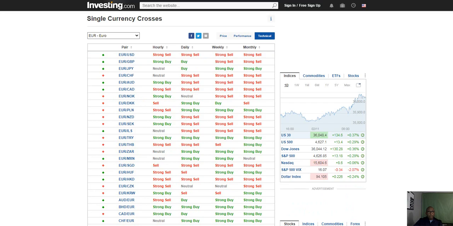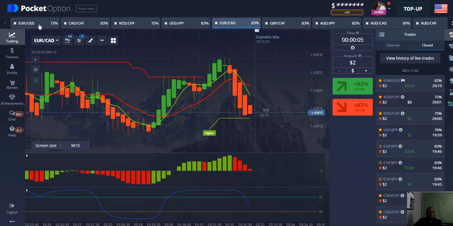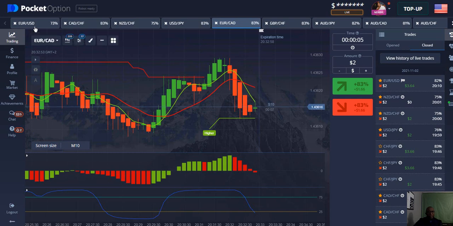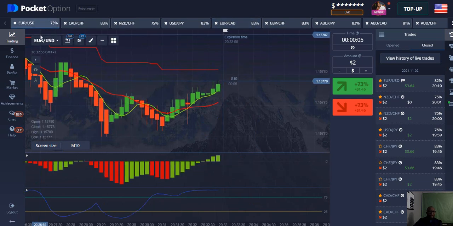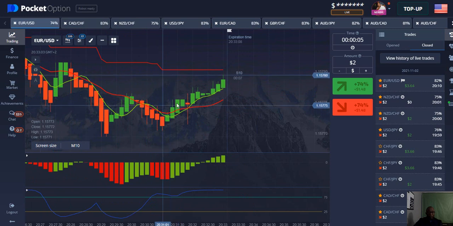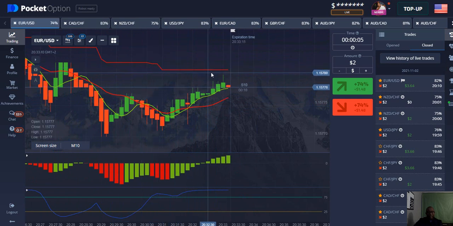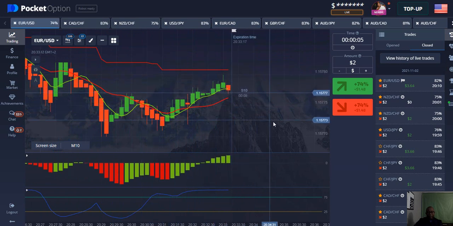Let me go back over to EURUSD, and as you can see, it was a strong sell. Now this is probably just a bunch of retracements right now, because you see here is your down line, and then it'll probably start coming down again.